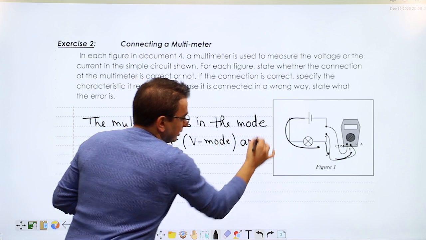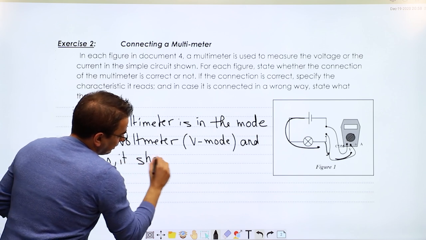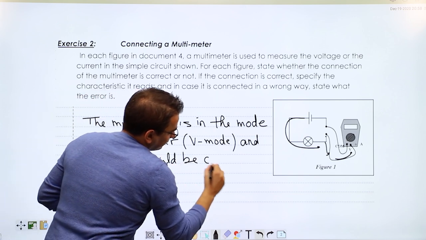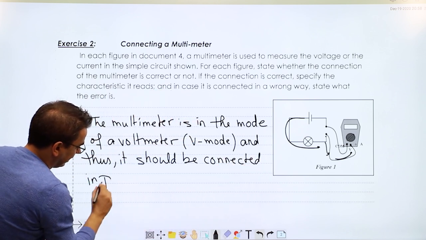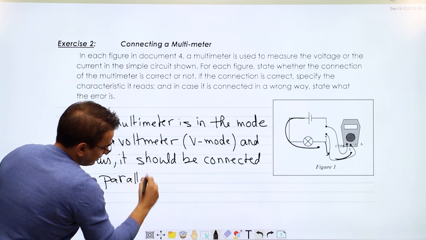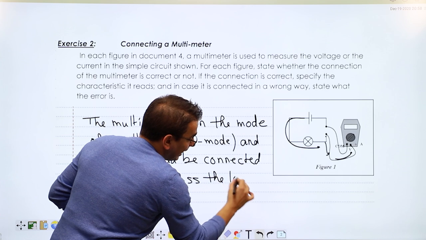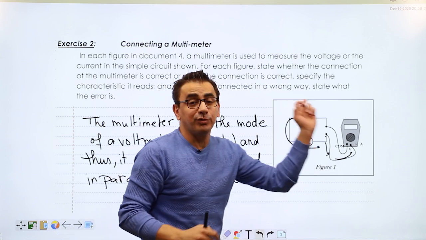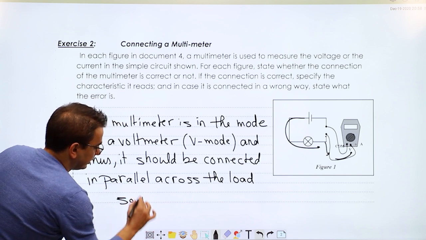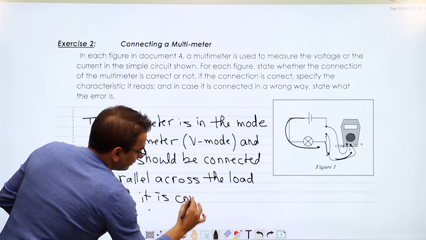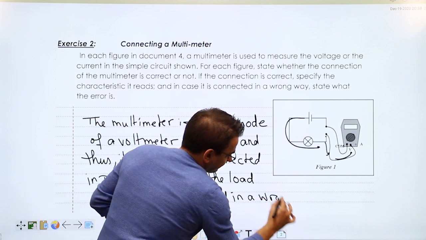And thus, it should be connected in parallel across the device. Okay, across the load or the battery, regardless of whether it's the lamp or the battery. In this case, it's not. So it is connected in a wrong way. Okay?